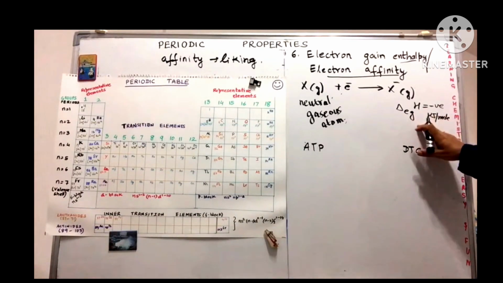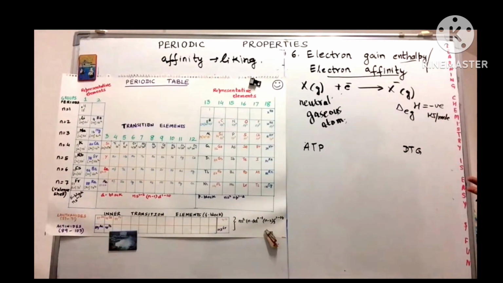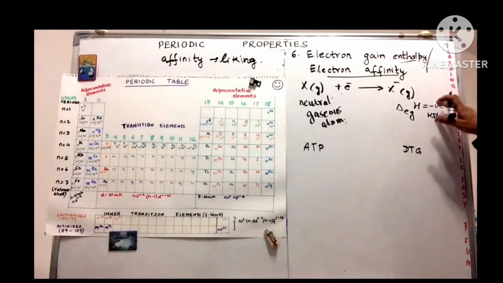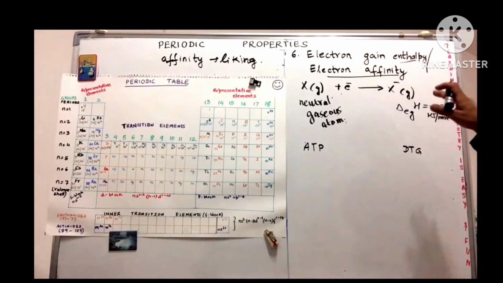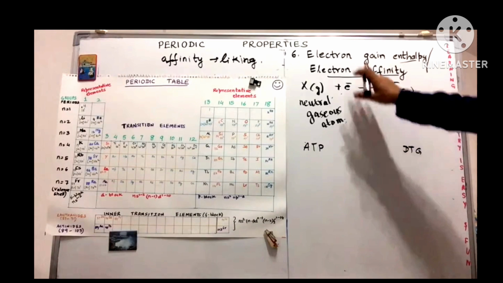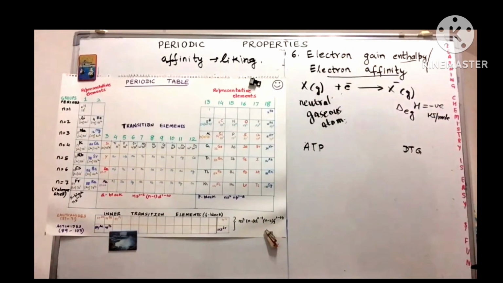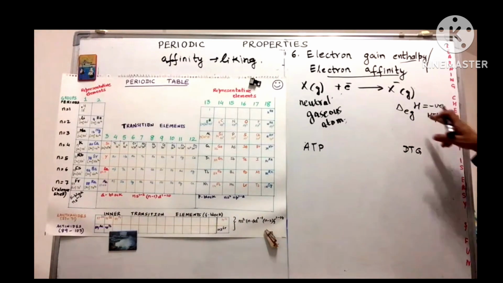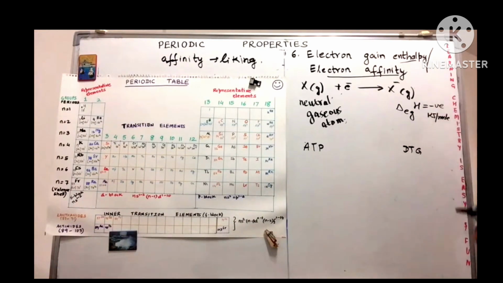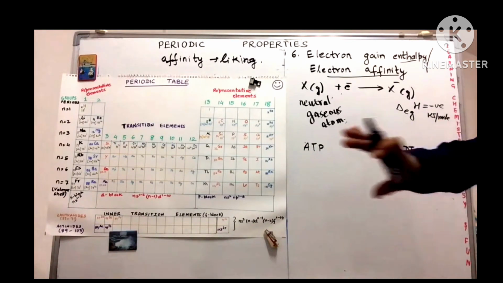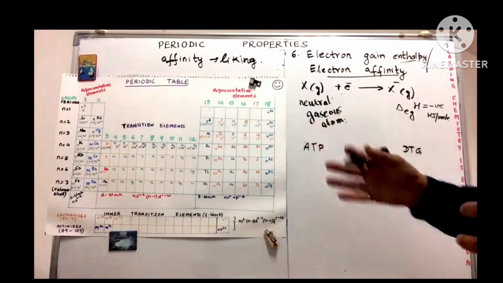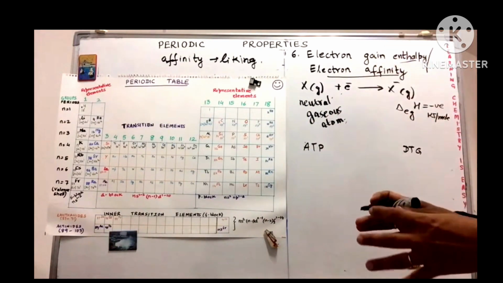Generally, this electron gain enthalpy can have a positive or a negative value, but I am denoting it as a negative value in order to explain that the addition of an electron to a neutral gaseous atom will be supported only if this electron gain enthalpy is negative. Why is electron gain enthalpy negative? In any system, if energy is released, if energy is given out, it becomes more stable.